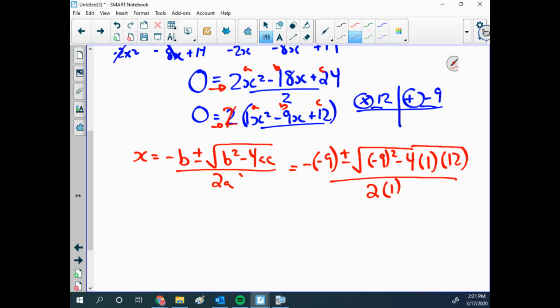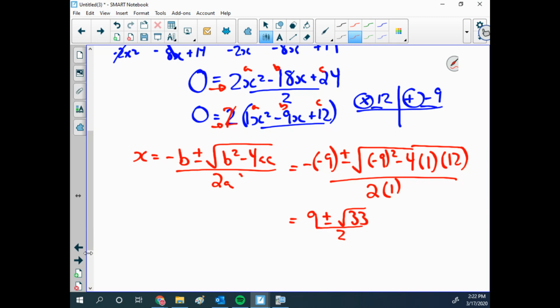So this becomes positive 9 plus or minus the square root of 81 minus 4 times 12, so plus or minus the square root of 33, over 2.